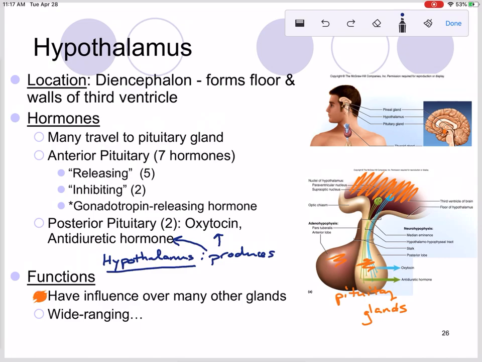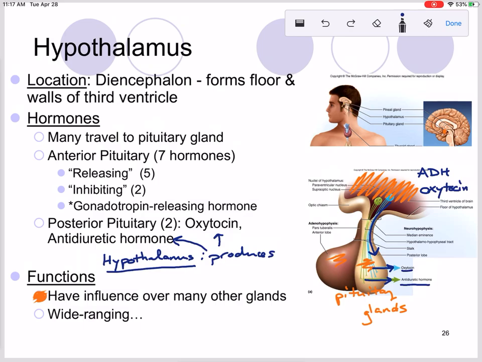Here's the thing. The hypothalamus produces these hormones, but these hormones are secreted into the bloodstream by the posterior pituitary gland. So if we imagine oxytocin and ADH are produced in the hypothalamus, but these hormones travel down to the posterior pituitary gland, and these hormones are released from the posterior pituitary gland.